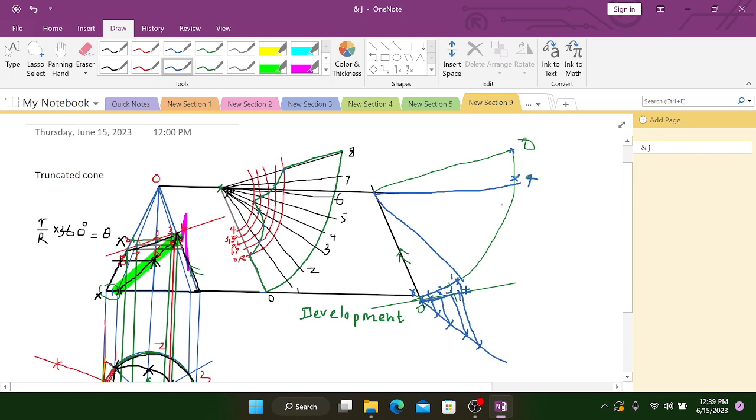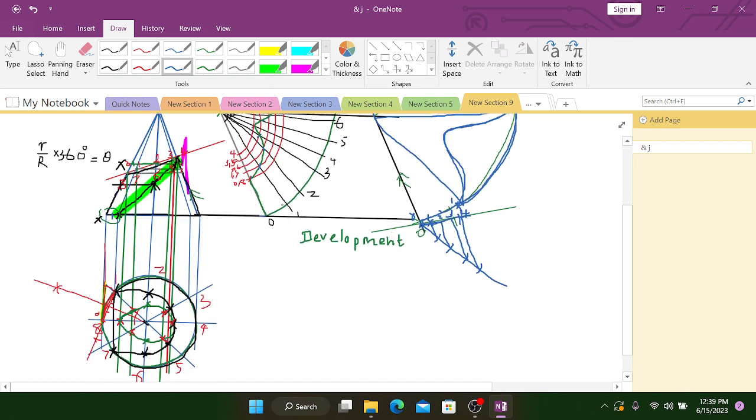We have to mark the circumference and find the points, and you have to connect those points to get a smooth curve in this way. So your final object will be like this. This will be your final object. You find the same points like this.